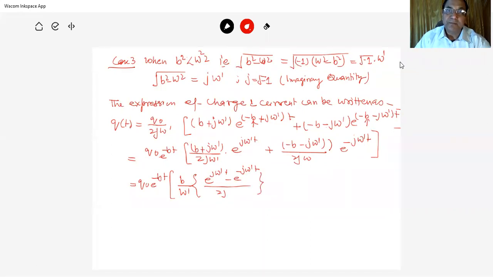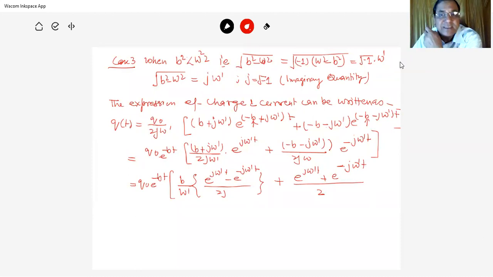This bracket plus 2J omega dash, here minus, so this minus side will get plus, so this value is e raised to the power J omega dash T plus e raised to the power minus J omega dash T upon 2, because this J is constant, cancelled.